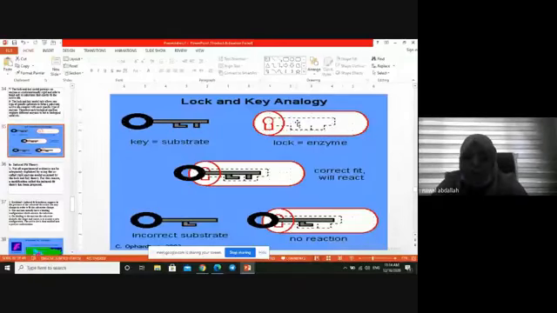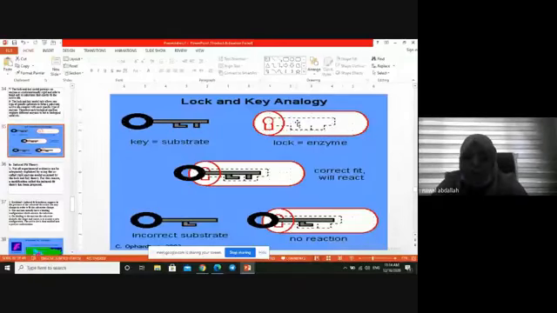So when the substrate reacts with the enzyme, it forms the substrate enzyme complex. Then this complex will convert into product, releasing the enzyme freely.